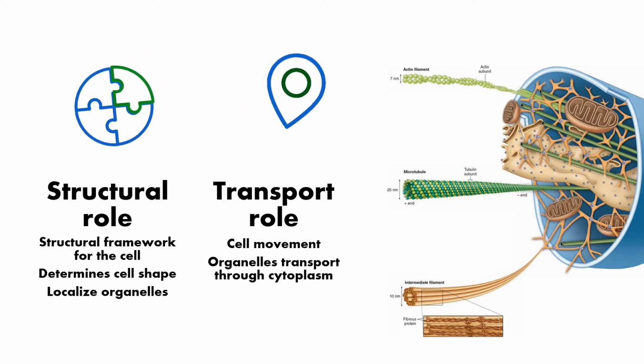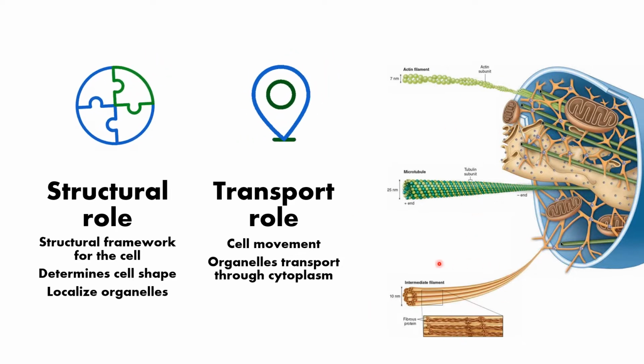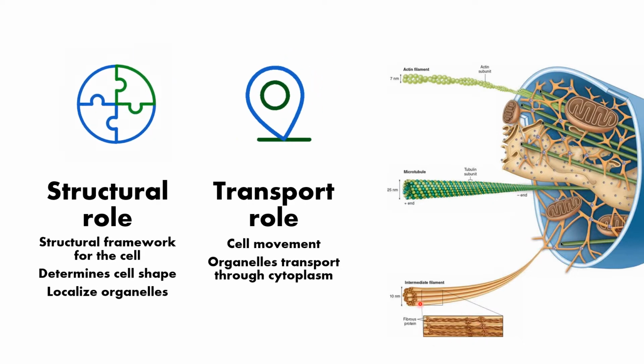cellular contents. As you can see here, it consists of three types of filaments. There is what's called the actin filament, microtubule, and intermediate filament, which is in between the actin and microtubule.